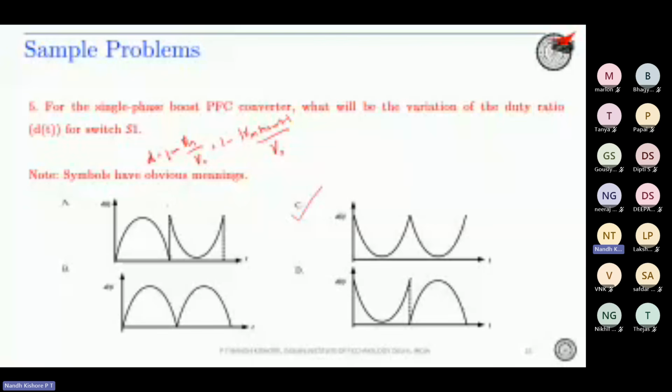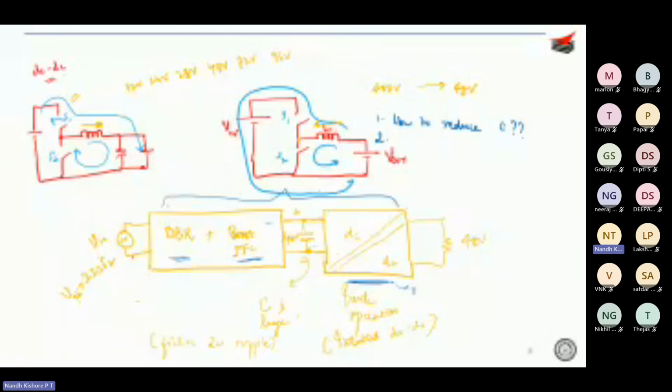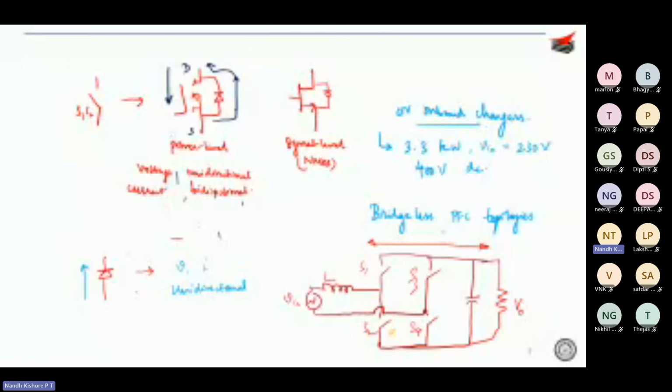Just for your knowledge, are you able to see options A and D? Options C and D are how the duty would vary if, let's say, I showed you the initial circuit, a bridgeless PFC converter where you don't have a diode bridge. If you don't have a diode bridge, there is no question of rectification.